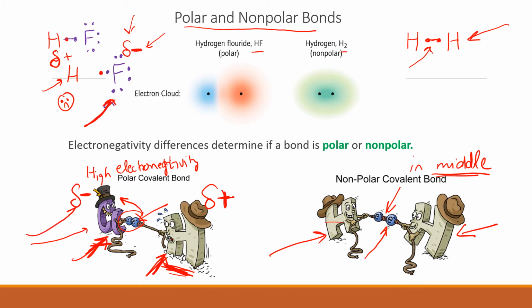The charges are created whenever a difference in electronegativity moves the electron closer to one atom over the other. So this difference in electronegativity value has created charges on each atom of that molecule.